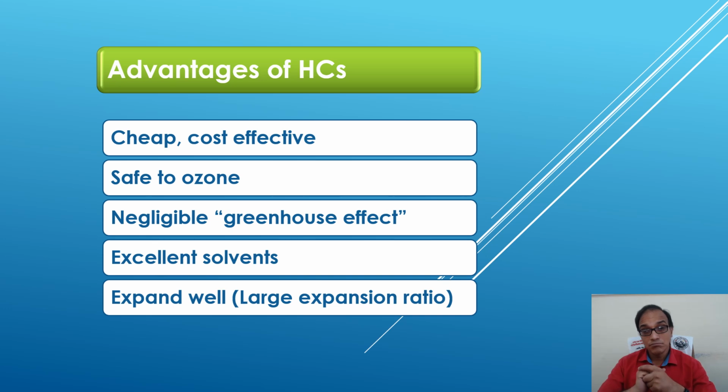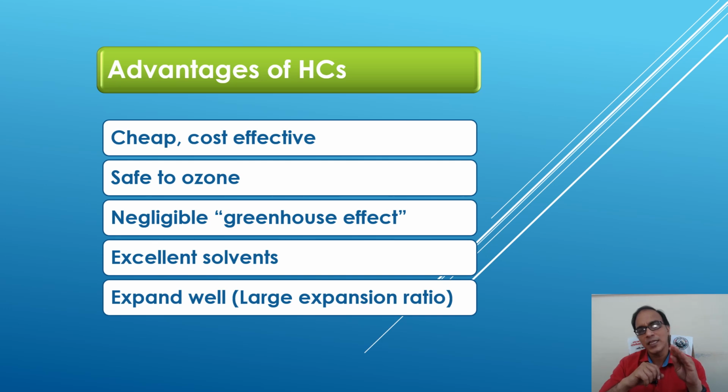Advantages of hydrocarbons: they are cheap, cost effective, they are safe to ozone, they don't have an ozone depleting effect, unlike chlorofluorocarbons, which we will be studying ahead. They exert negligible greenhouse effect, they are an excellent solvent, and they expand well. They have a large expansion ratio. Why is it required?